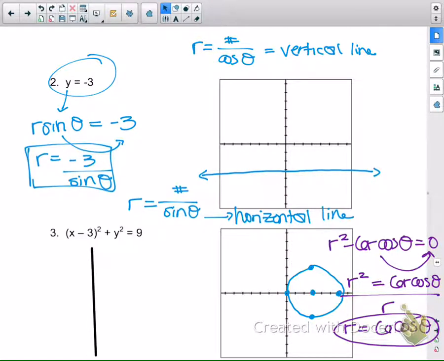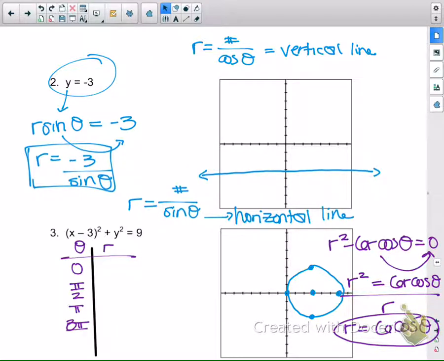Okay? You are going to plug in thetas and get out R's. What are angles that I could plug in for that? I could plug in the angle 0. What else could I plug in? What would be easy ones? What are angles in terms of radians? Pi over 2. What else? Pi.